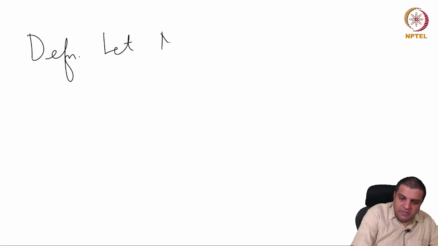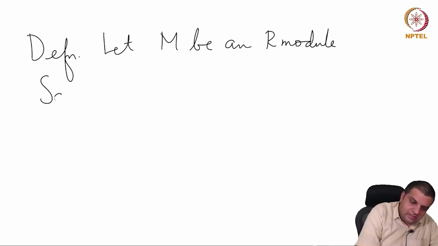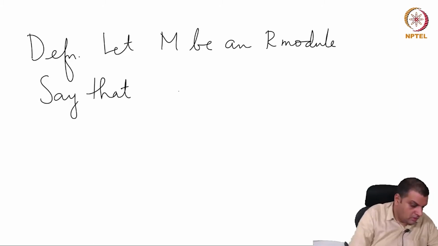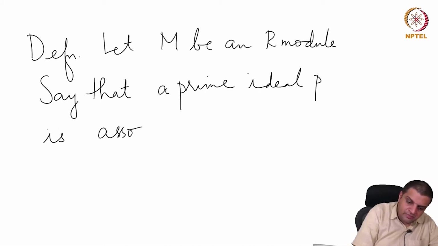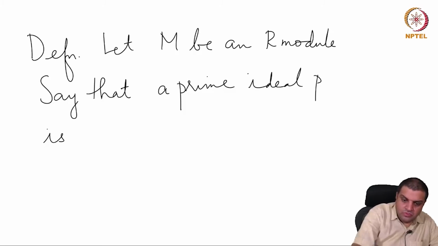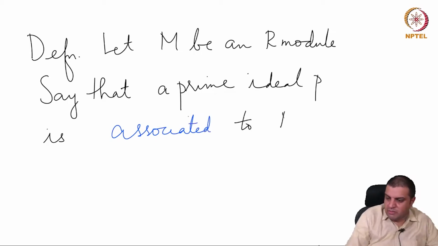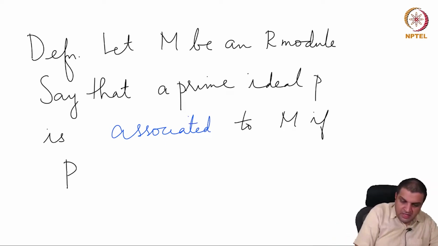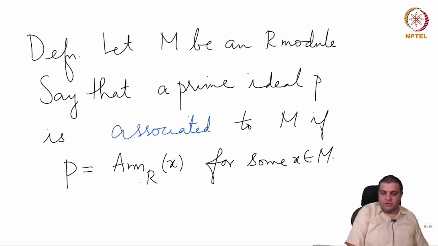Let M be an R module. Say that a prime ideal P is associated to M if P equals the annihilator of x for some x in M. Okay, so we just need to define what this is.